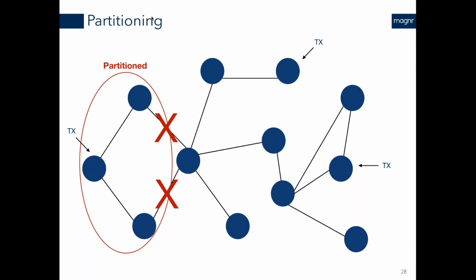Now, of course, the caveat is what happens when the network comes back. What happens when those partitioned parts realign again? In the case of a block having not been discovered in that time, there would be no effect. In the case of a block having been discovered in that time, you would have a block fork situation where you've got two competing blocks.